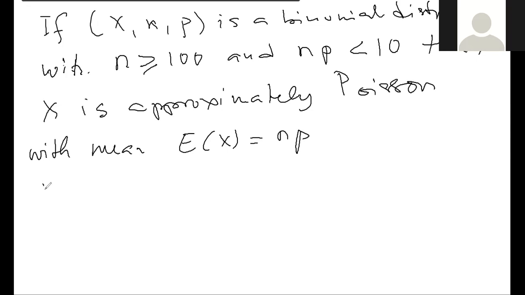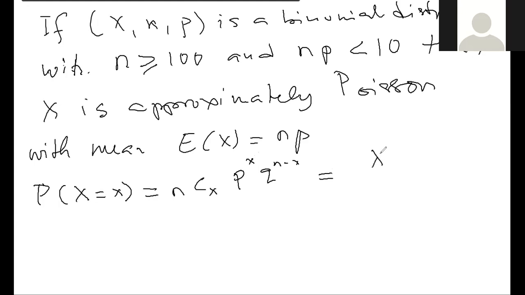Look at what a binomial distribution is supposed to have: P of x equals n choose x, p to the x, q to the n minus x. And we want to say that this is the same as lambda to the x over x factorial, e to the minus lambda.